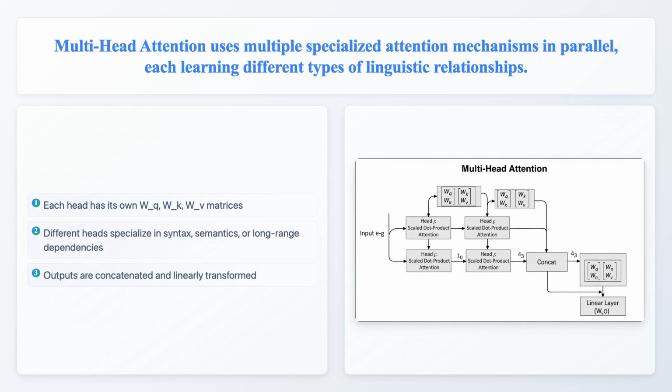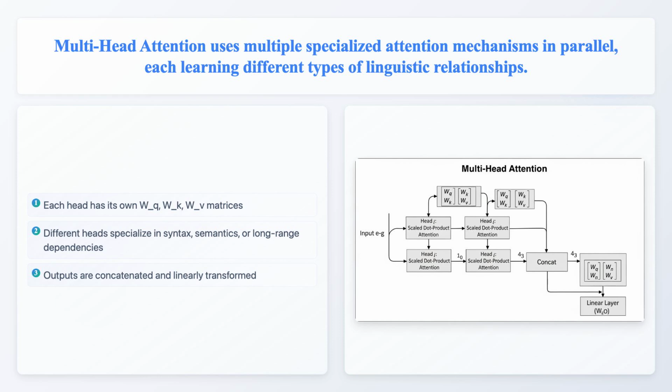Head 3 might handle long-range dependencies, connecting pronouns with their antecedents across many words. Each head operates independently, computing its own attention weights and producing its own output. These outputs are then concatenated and passed through a final linear transformation to combine the insights.